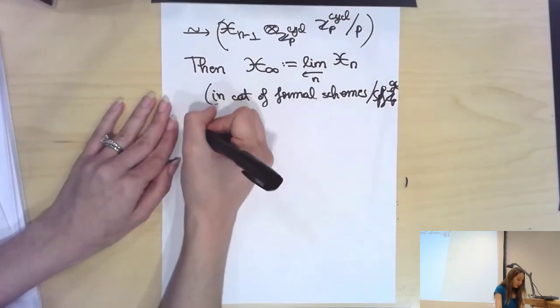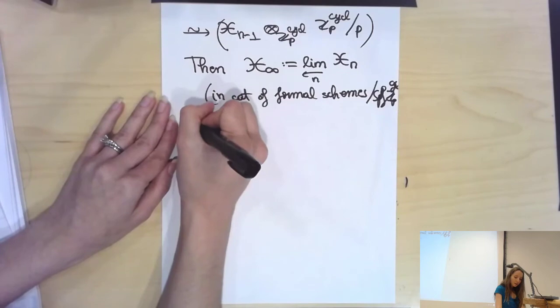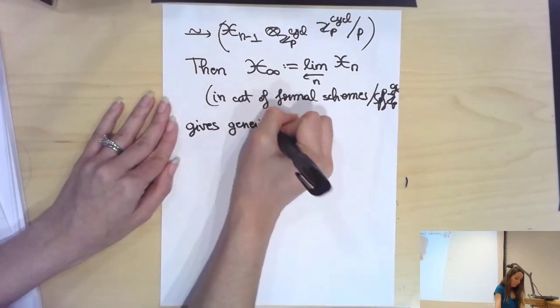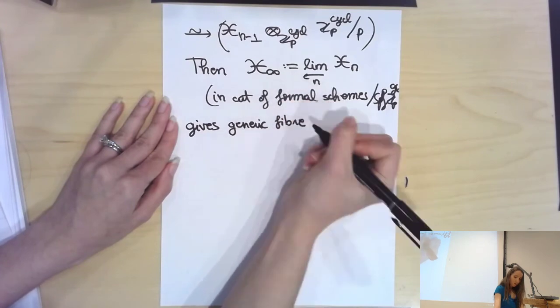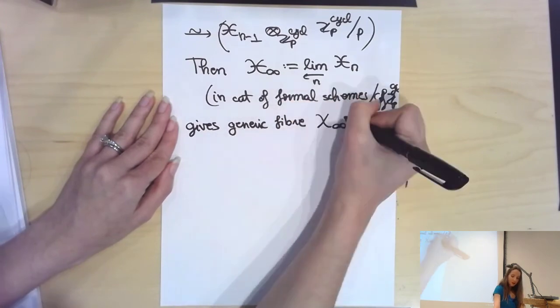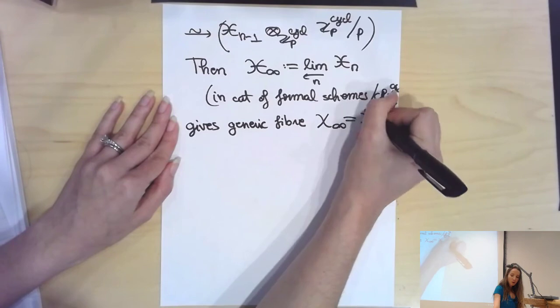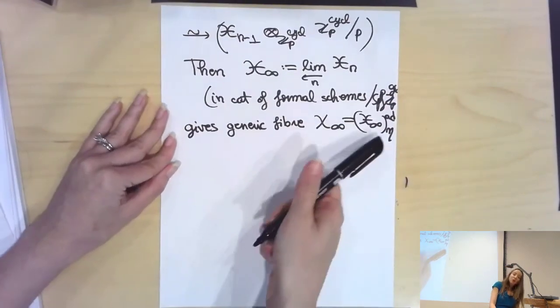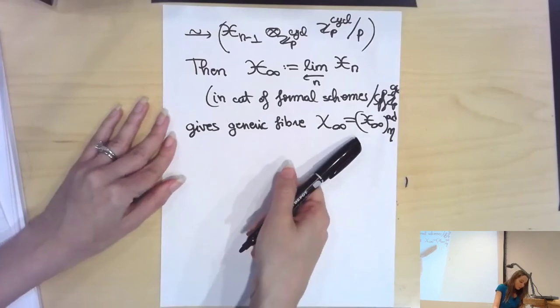And this inverse limit gives the generic fiber X_infinity. So take the formal scheme, turn it into an adic space, and then look at the generic fiber of that adic space.